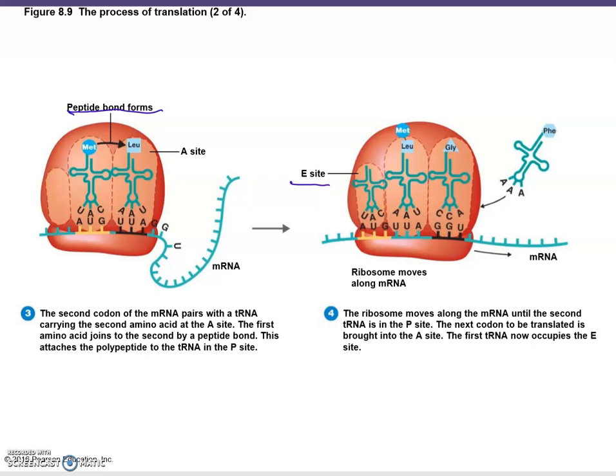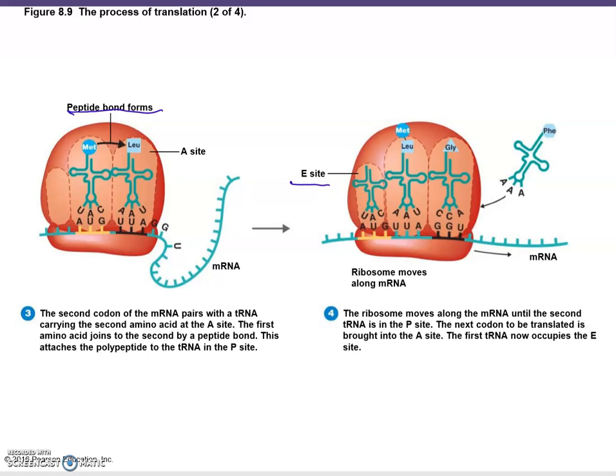Then we need to move the leucine-carrying tRNA over toward where the methionine-carrying start tRNA molecule was first, and so then we have room for another tRNA molecule that has to match the code word. Next code word is GGU.